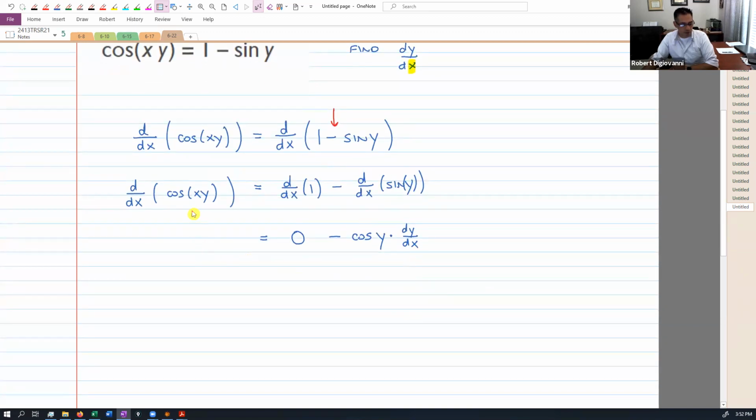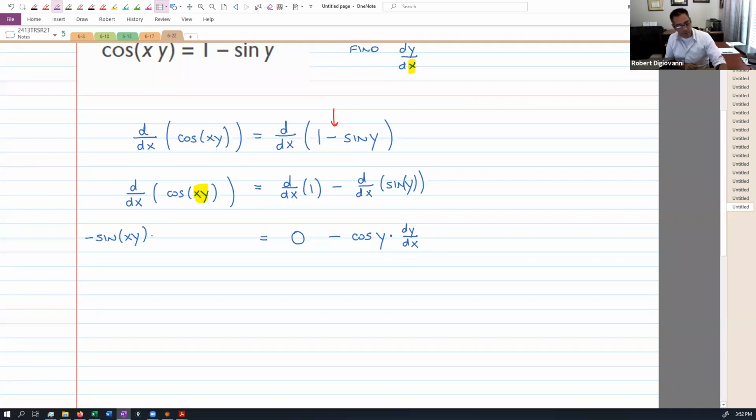Good. You seem like you understand that. That means you probably can do the left side for us too. So the left side's a little complicated. Everyone pay attention. This is about to get a little weird here. So Matthew, you've got cosine of something, right? What's the derivative of cosine of something? A negative sine of something. Okay, so negative sine of the something, which is x times y. Okay, you're done with the cosine.